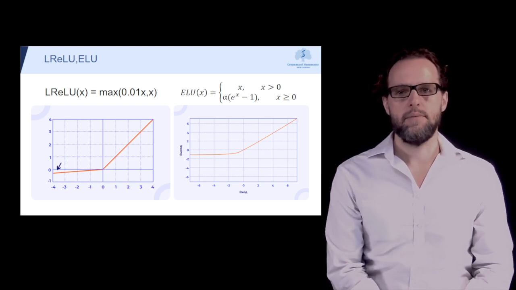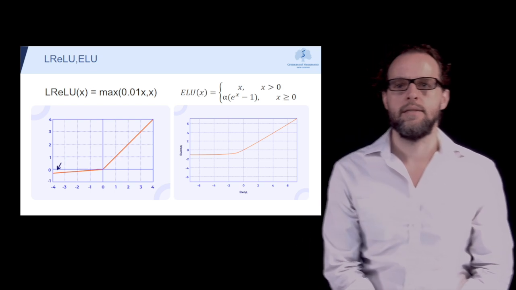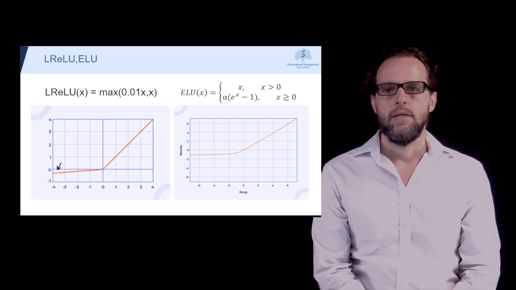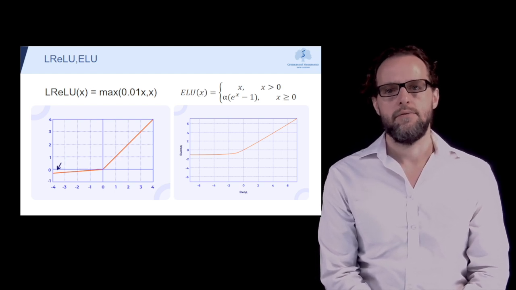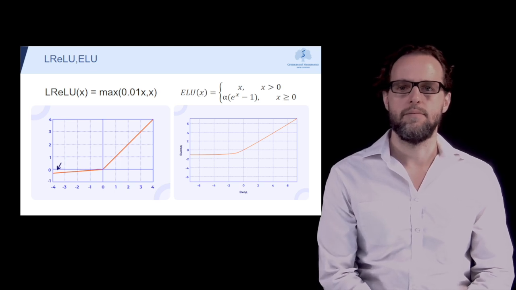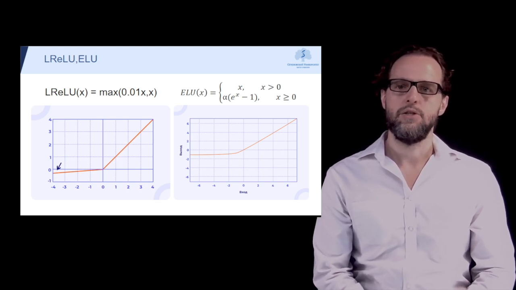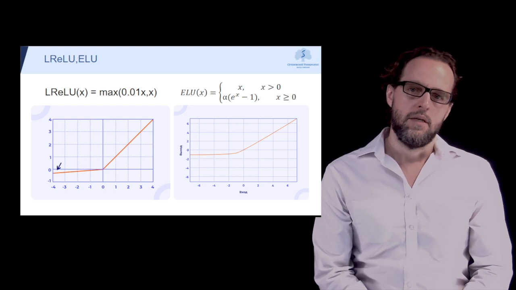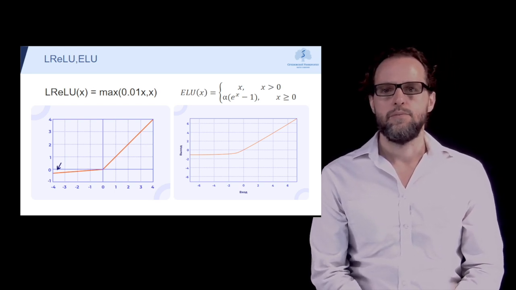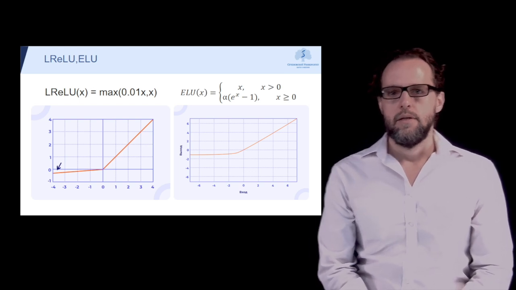For example, it makes sense to replace the horizontal part of the function with a linear one, with a simple linear equation, and we can use this technique to improve it.